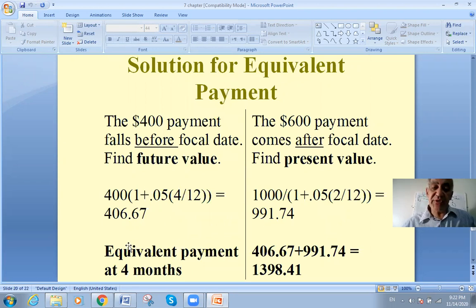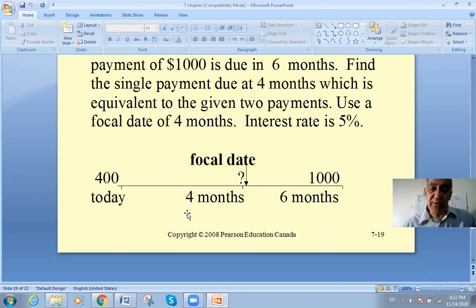The first amount, we will get the future value like I told you. So it's $400 plus the rate of 5% multiplied by the time, which is 4 months. You move forward, and moving forward, you get the future value, or the sum of the amount.